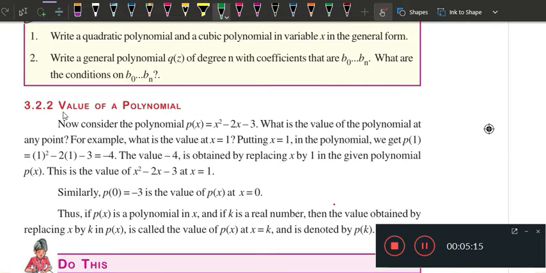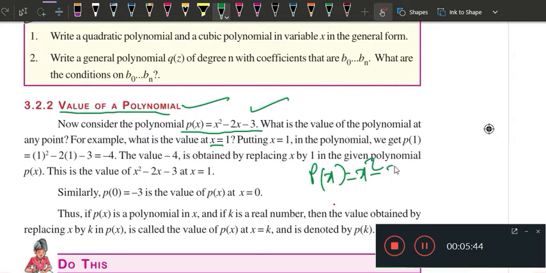Next concept is value of a polynomial. See, p of x equal to x square minus 2x minus 3 is a polynomial. If you substitute x equal to 1, then it becomes p of 1. I will write here p of x equal to x square minus 2x minus 3.